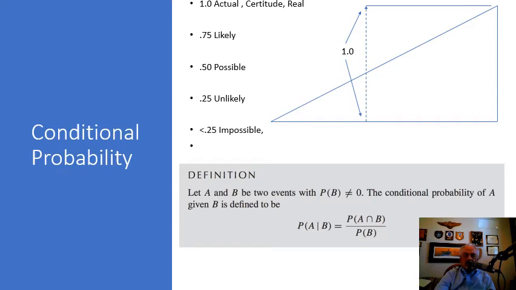If something is likely or highly likely, we're going to give it a value of 0.75. If something is possible, we're going to give it a value of 0.50. If something is unlikely, we're going to give it a value of 0.25. And finally, if something is impossible, we're going to give it a value of less than 0.25.